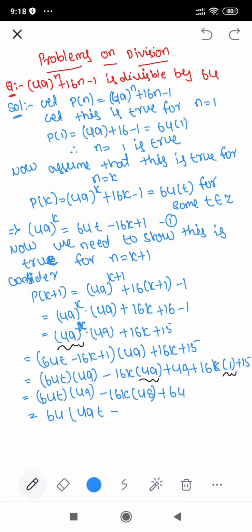Just a minute. 48 can be written as 12 into 4, into 64 is also there. 64 left out, something 12k. Right, 12k plus 1.